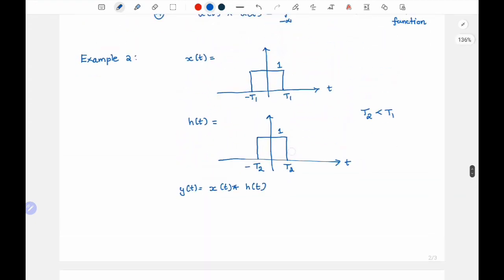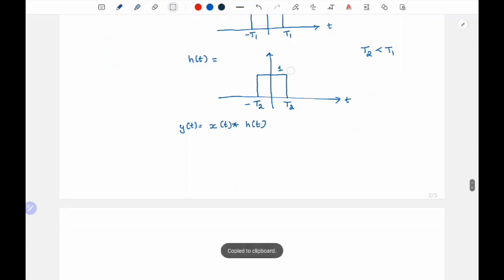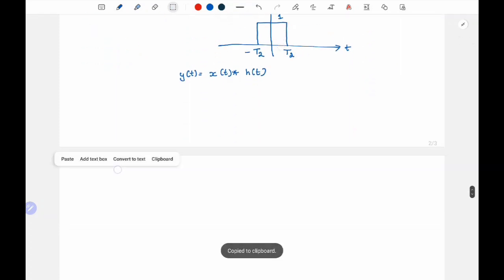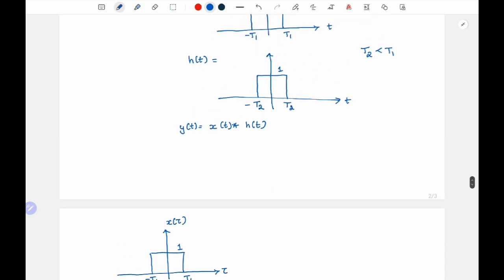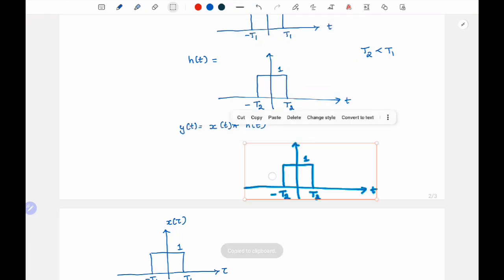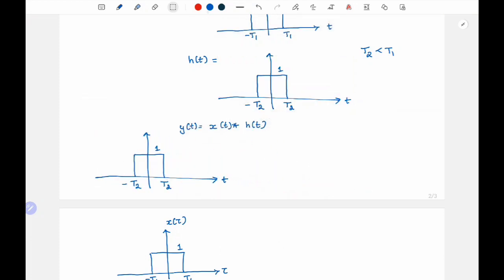So what we have to do? We first take x of t as it is. So we write it as x of tau. So this is in the tau axis. This is x of tau. And then h of t, what we have to do? We should actually invert it.